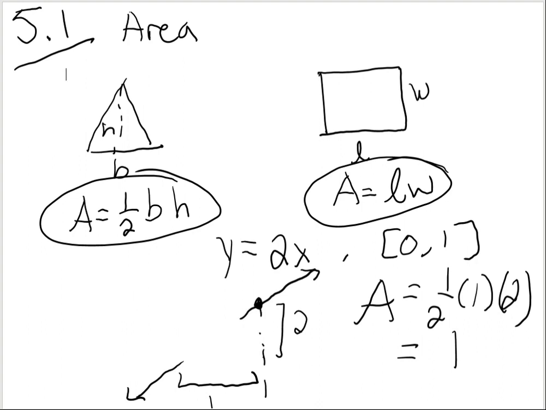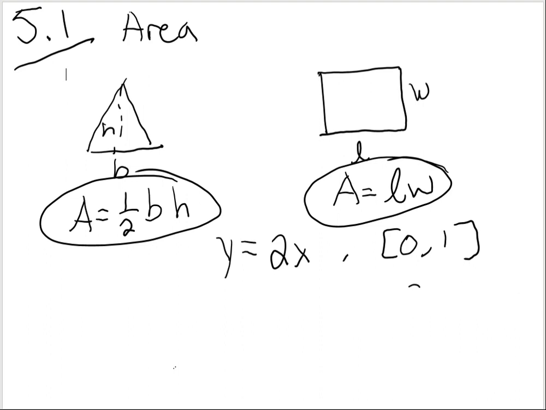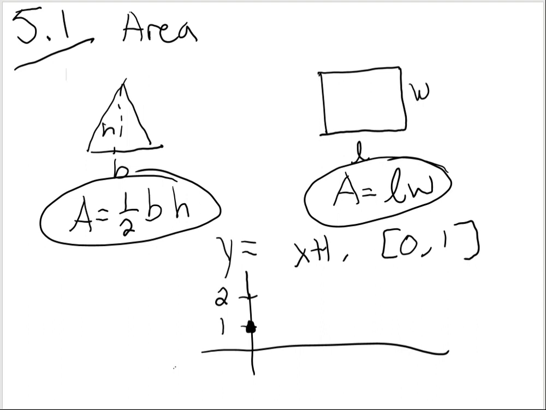Let's change this problem slightly, after I erase everything. Instead of doing 2x, let's do x plus 1. What does this curve look like? Well, at a y value of 1, you have your intercept, and then at an x value of 1, y is 2, you have your point, and you draw the line connecting those two.